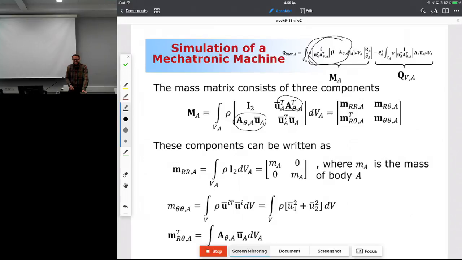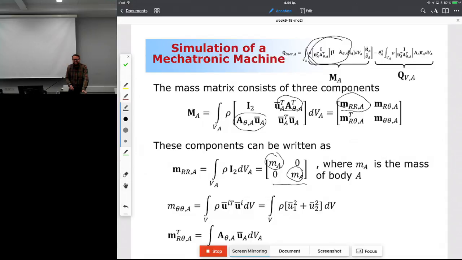But let's look at what the first components are. The first component is the one located in the upper left corner of the mass matrix. That is simply a 2 by 2 submatrix, a very important submatrix, which is diagonal. And the diagonal components are the mass of the body.